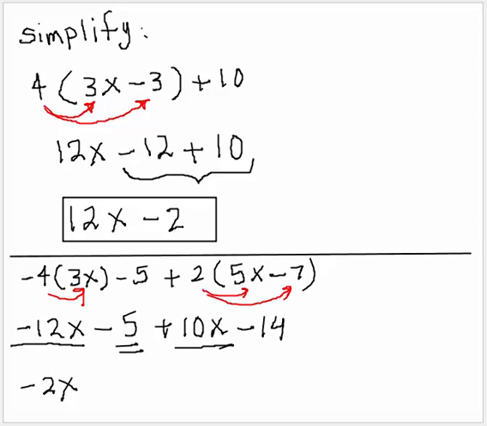And then we have minus 5 and minus 14. That should add up to minus 19. Okay, if you can all follow this also, can I see a check mark next to your name? Okay, very good. All right, next question from take-home test number 1.